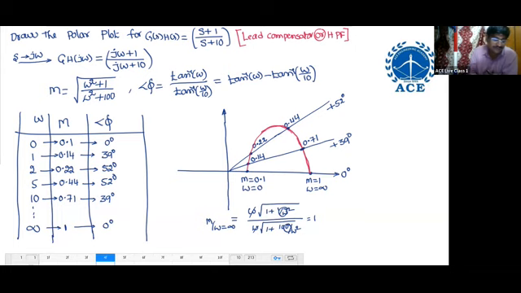So this is the plot. Give the direction. What is the direction? Clockwise.